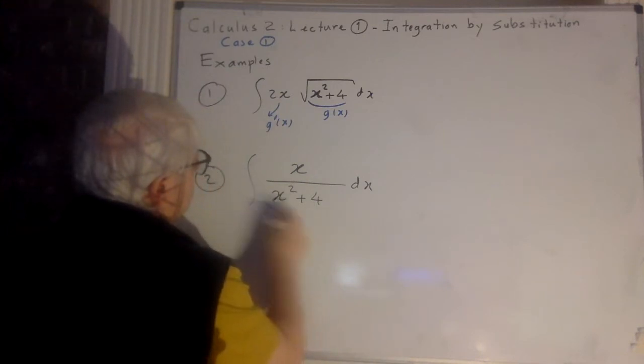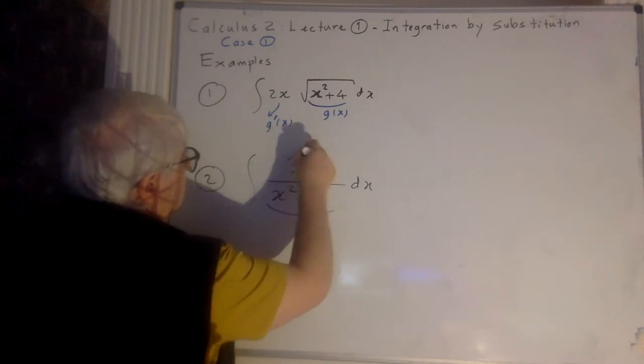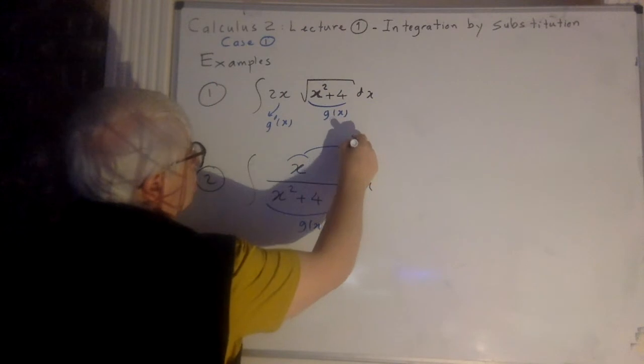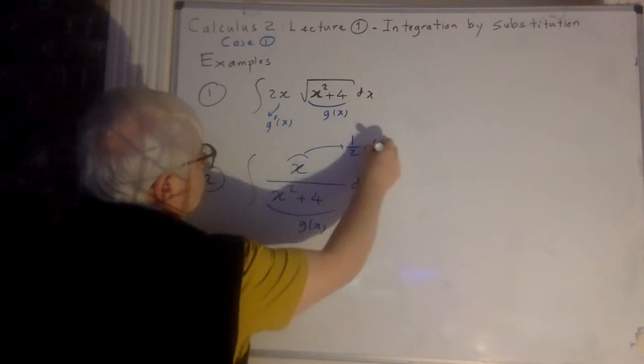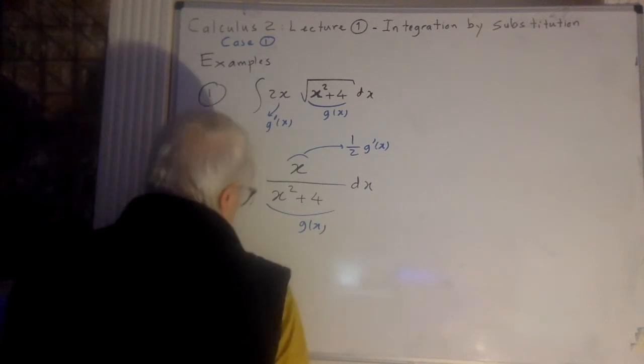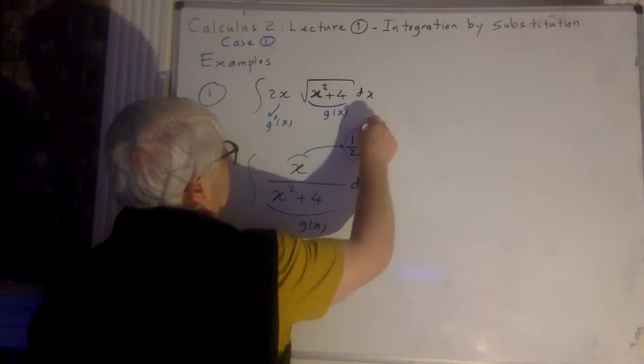But what is this? This is not 2x, this is in fact 1/2 of 2x. So that's 1/2 times g prime x, and this 1/2 is in fact that constant a.